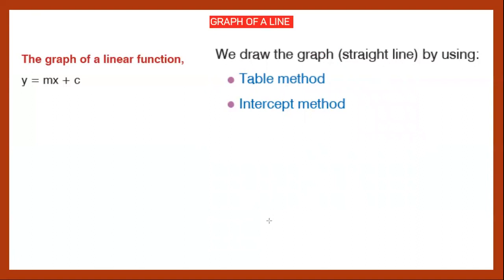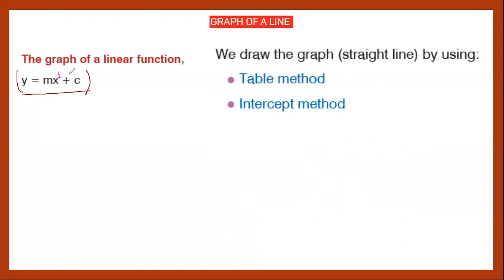First, by the way, for this type of question, y equals mx plus b. If you notice, in this mx, the power of x is 1. So it means that it is going to be a straight line.